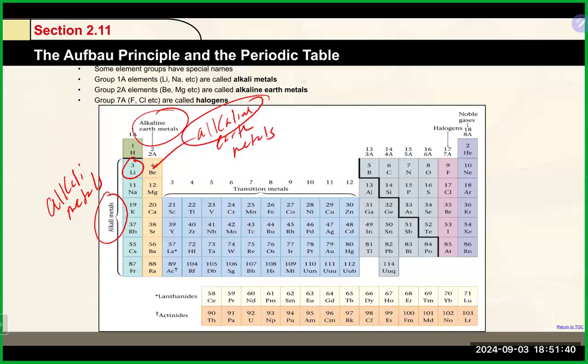The word alkaline means basic, pretty much. In group one and group two is where a lot of our strong bases come from, things like sodium hydroxide and potassium hydroxide.